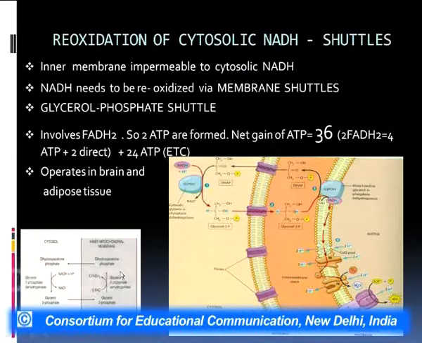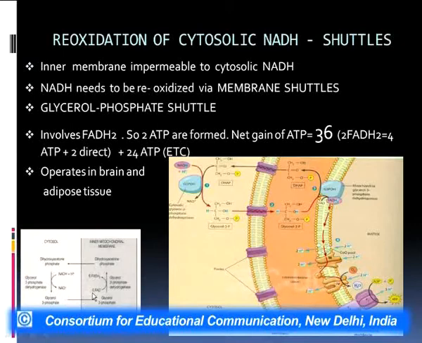Looking at the first shuttle, we find that this involves FADH2, because the NADH cannot enter. So, what will happen now? The reaction will turn dihydroxyacetone phosphate into glycerol 3 phosphate. This NADH cannot go alone, so it has to first convert into NAD.